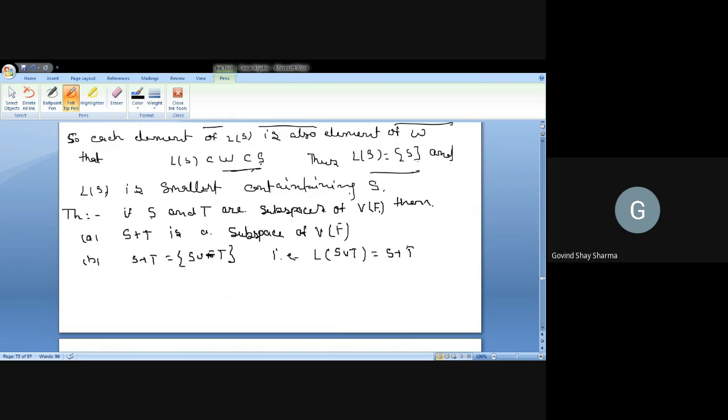Here we have to show that S and T are subspaces of vector space V, and S plus T is also a subspace of V.